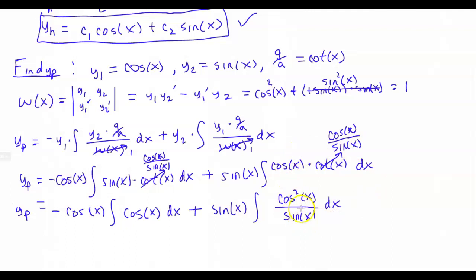Now with cosine squared, to get this into a form that's going to be a little bit more malleable for us to use, we want to remember that cosine squared is the same as 1 minus sine squared. So I'm going to erase this cosine squared part here, and I'm going to rewrite it as 1 minus sine squared.